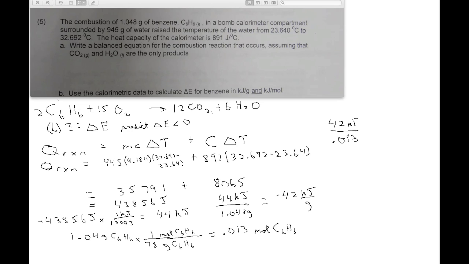I get negative 3,116 kilojoules per mole of benzene. All right, I must have rounded off differently than you. I got something a little different, but I think that's just rounding differences. Okay, and those are my final answers. Negative 41.